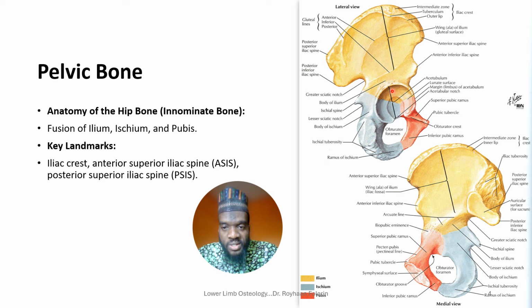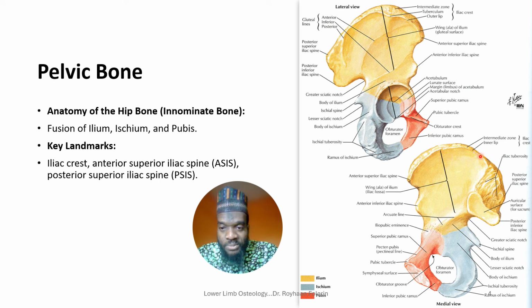So superiorly, the iliac bone, posterior inferiorly, it's contributed to by the ischial bone, and then anterior inferiorly it's contributed to by the pubic bone. So this concludes our talk on the lateral part of the iliac bone. Before we go to the other bones, let's appreciate the medial part, things that we can see on the medial view.